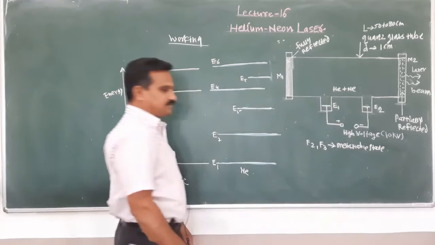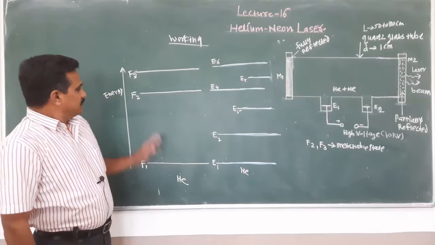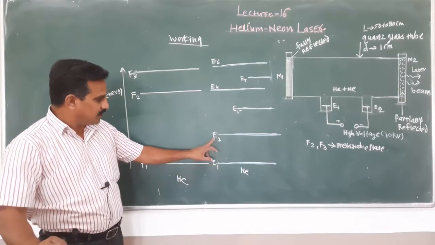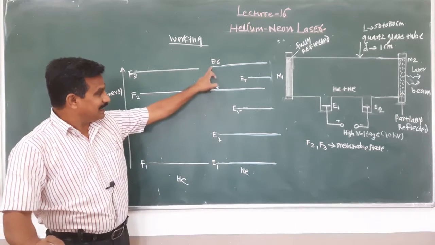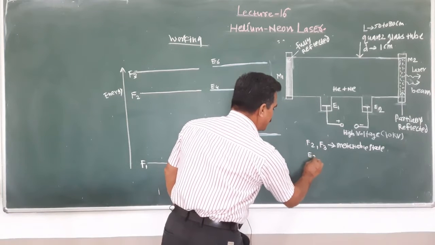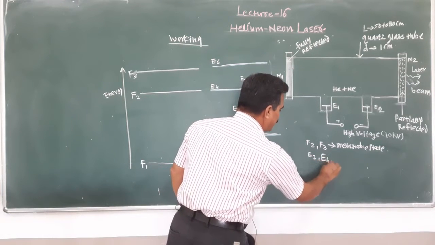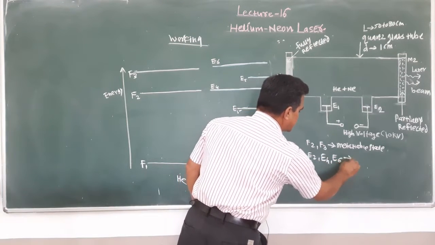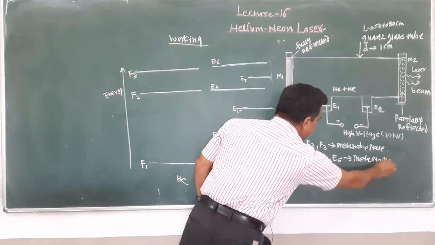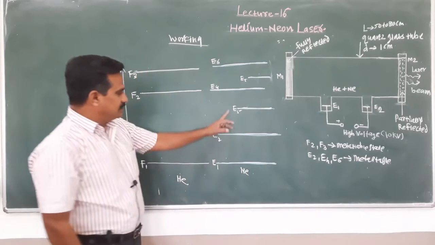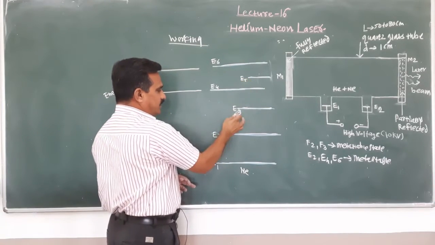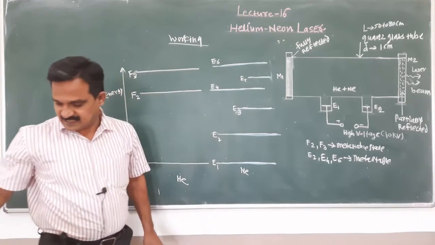You remember that. In the case of neon, E1 is the ground state, but E2, E4 and E6 are metastable states. Here E5 and E3 are excited states.